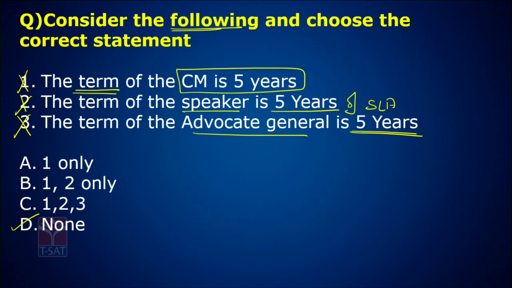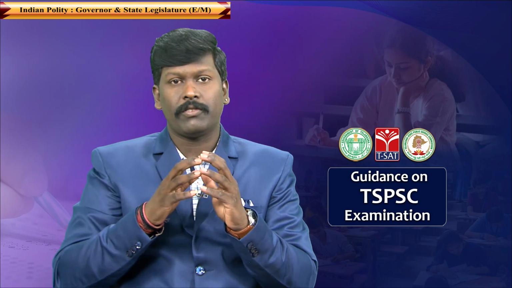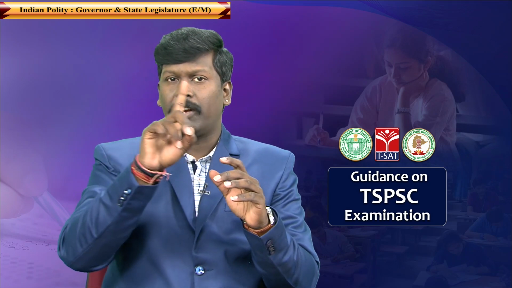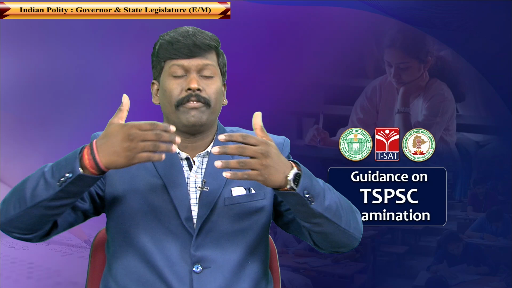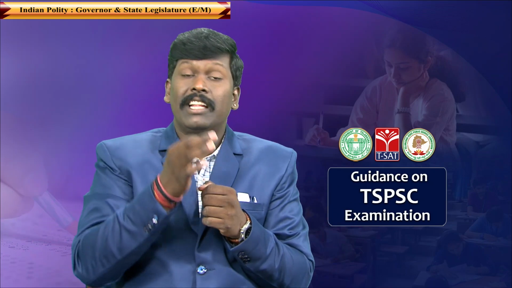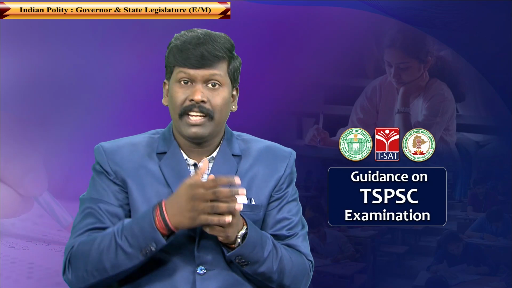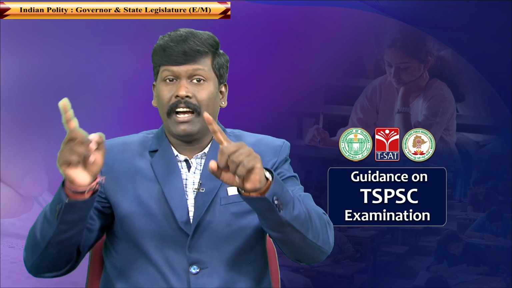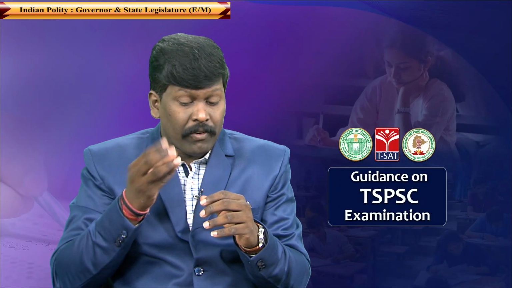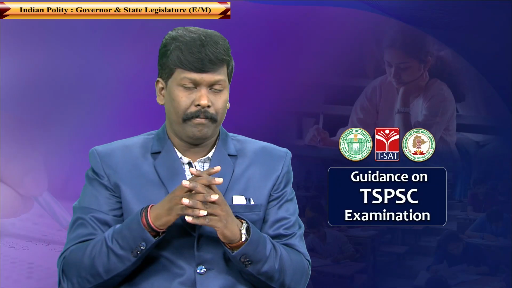According to Article 165 of the Constitution, the term of the Advocate General is not fixed. The Advocate General continues to stay in office during the pleasure of the Governor, meaning the Governor can remove the Advocate General any time.